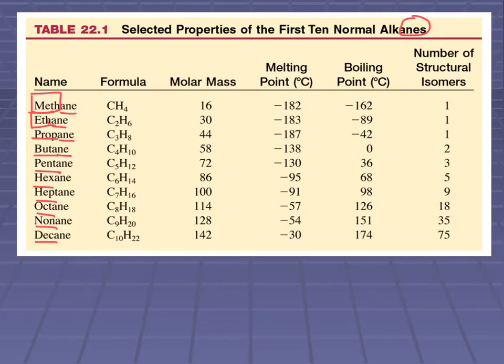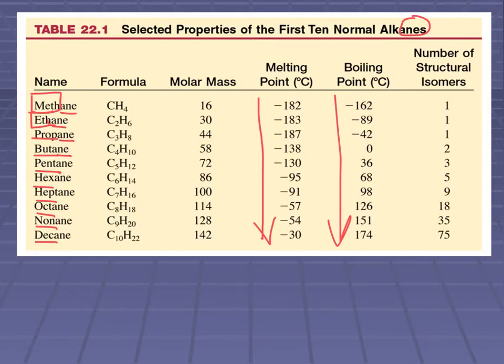But let's take a look here. Notice what happens to the melting point. So let's look at the melting point and the boiling point as you add on carbons, which means that you're increasing the size of the molecule. So you're adding on more carbons, therefore more hydrogens are also being attached. Notice what happens to the melting and the boiling point. Do you see a trend?